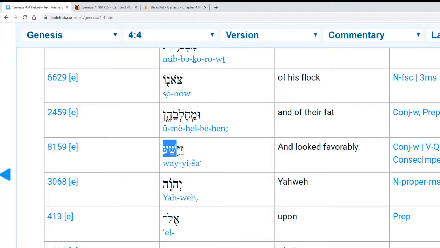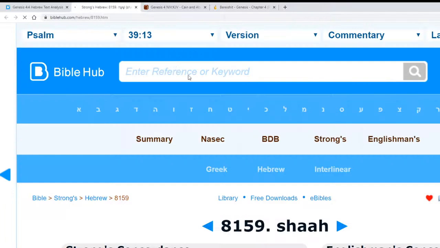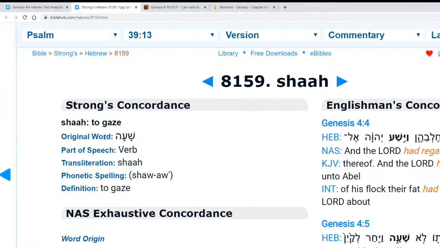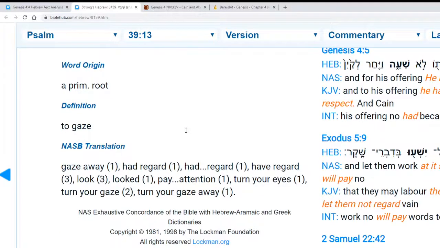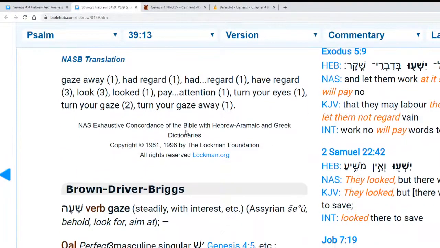Yeshua means to save, right? But here they're translating it as to look favorably. Shin ayin hey. To gaze, they're saying.